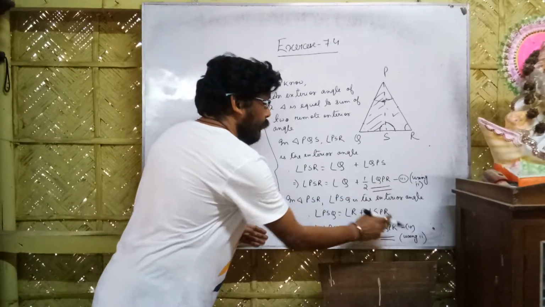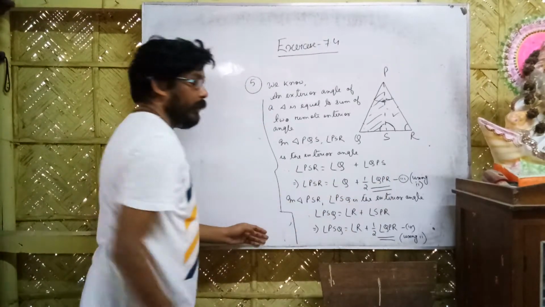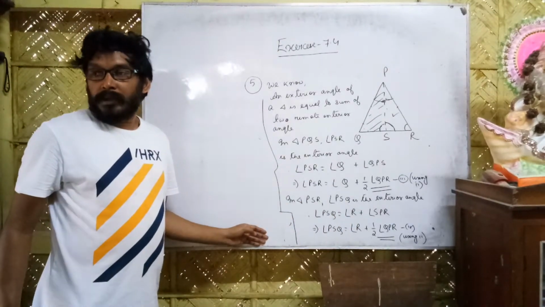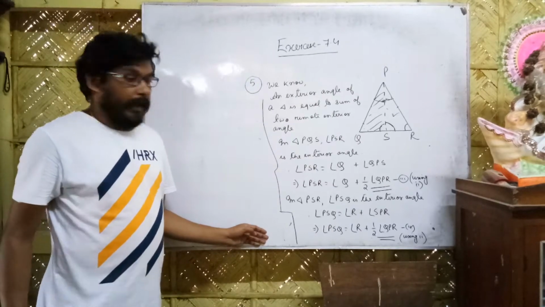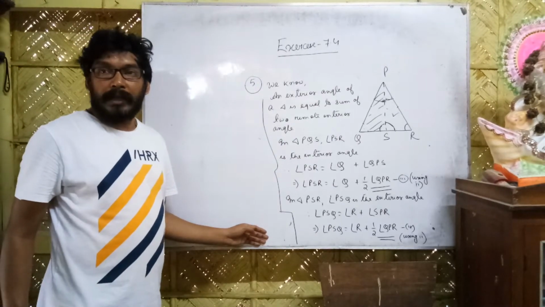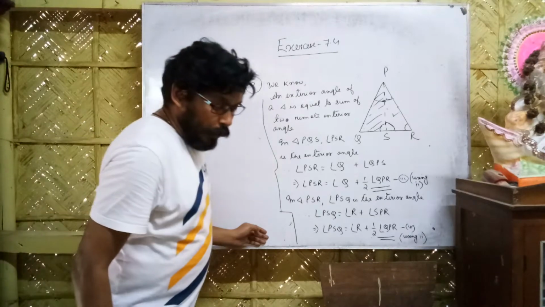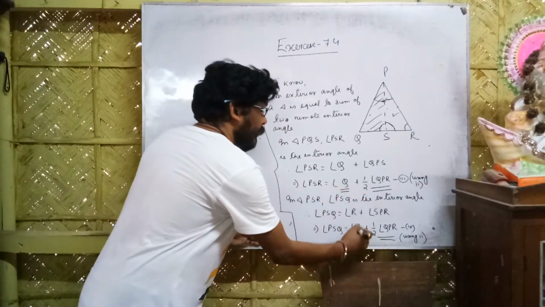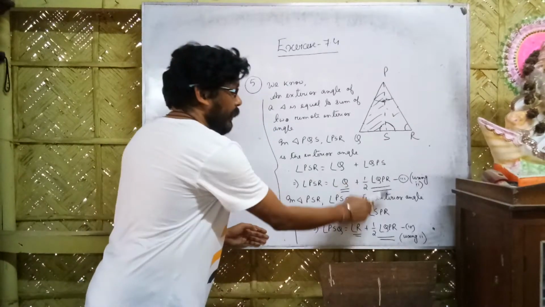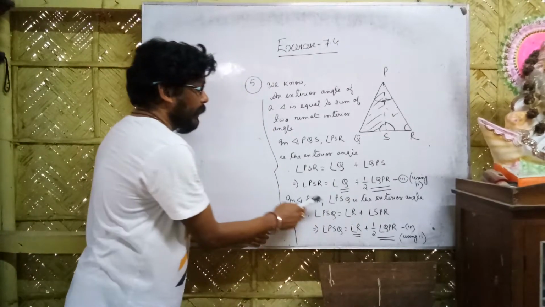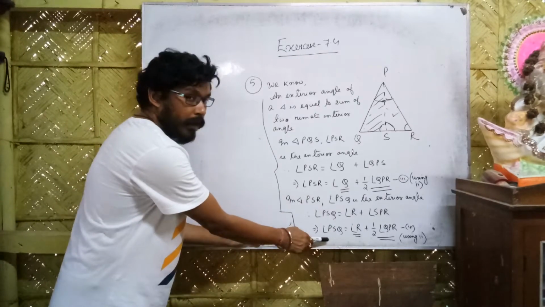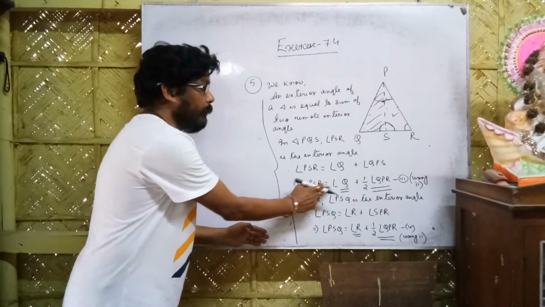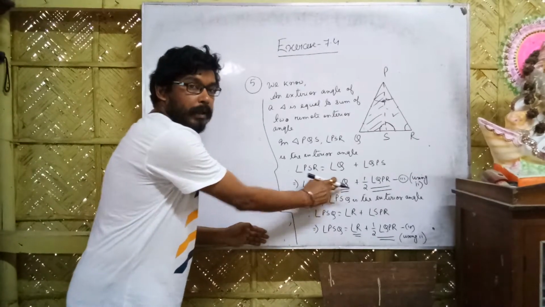Now Q and R: in equation 1 we wrote angle Q greater than angle R. So these two are equal and this one is greater, so this angle will be greater than this angle, because the value of Q is more.